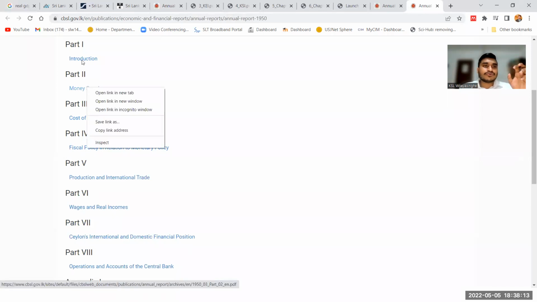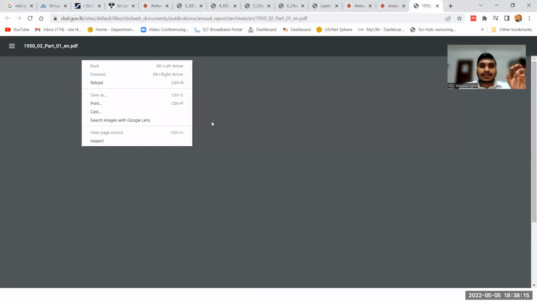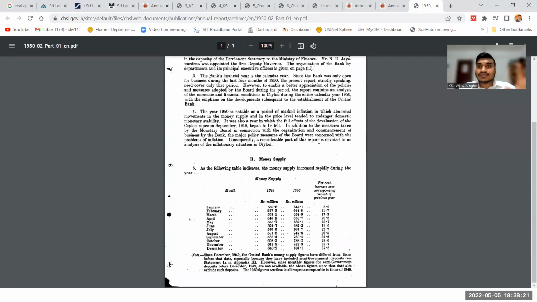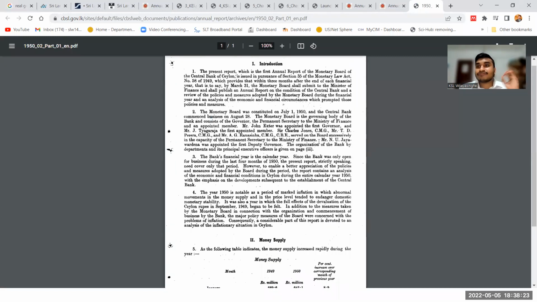If you go to the introduction in 1950, I can't exactly mention where, but this report in 1950 clearly mentions, not the central bank, I'm very sorry, if I'm correctly speaking, it was the World Bank report in 1950 that clearly mentioned that if any country in the Asian region is to develop, it would be Sri Lanka.